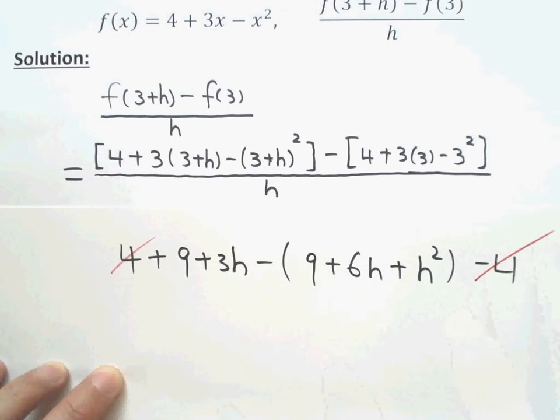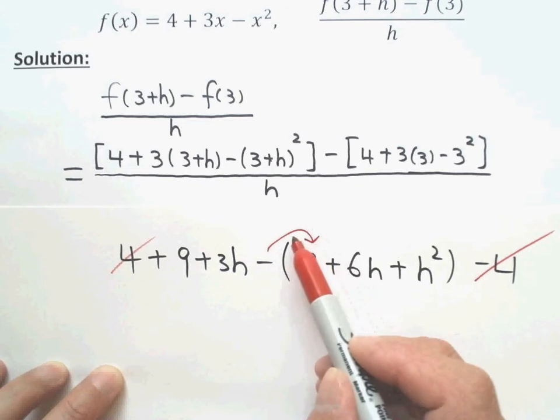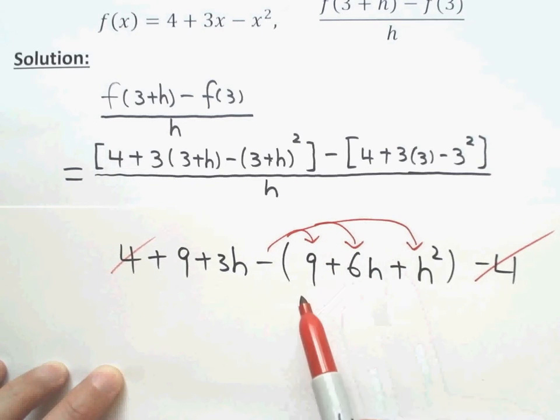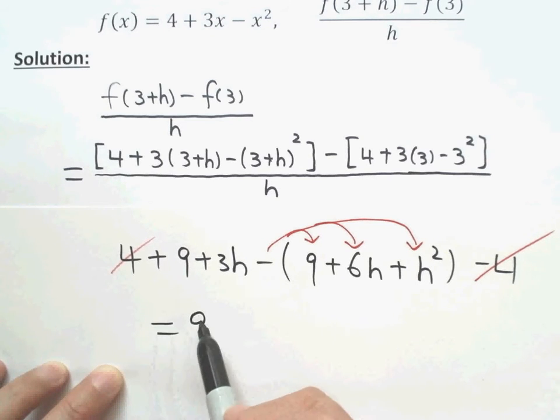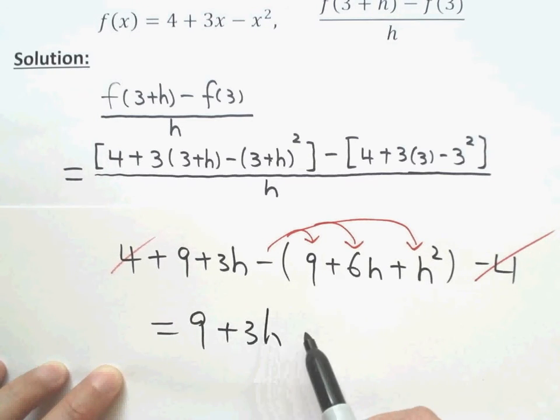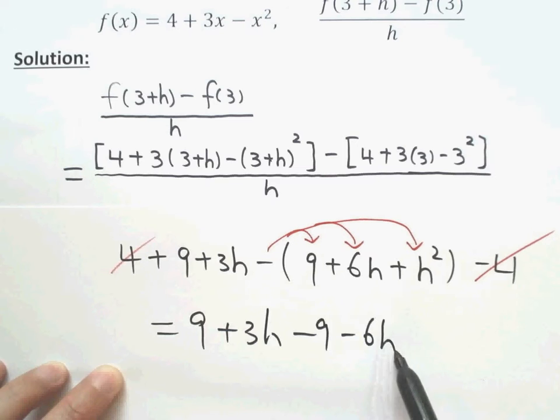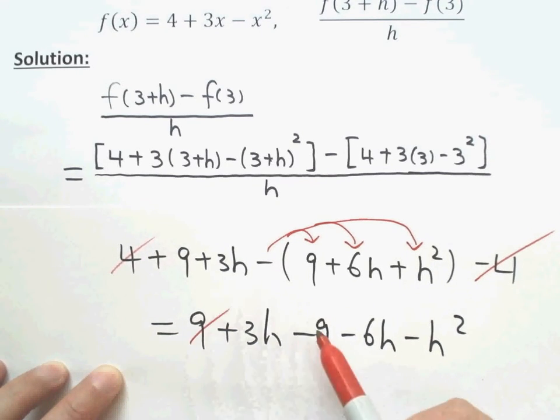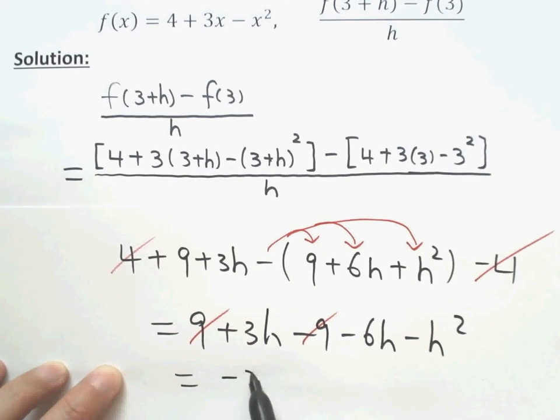This 4 and the negative 4 cancel. The negative needs to be distributed to all terms, so all negative. What do we have? This will be 9 plus 3h minus 9 minus 6h minus h squared. The 9 and negative 9 cancel, and we get negative 3h minus h squared.